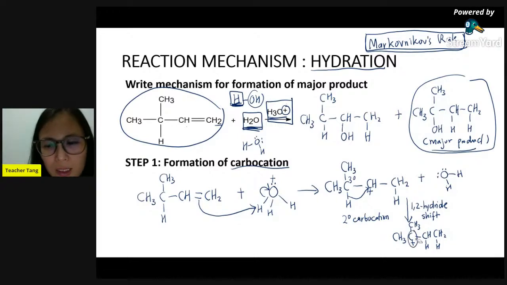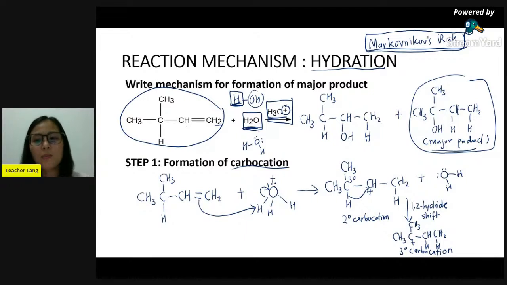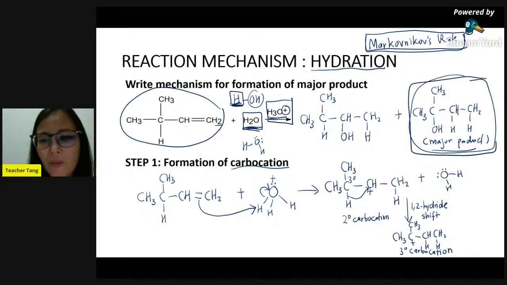So this is tertiary carbocation. This is tertiary carbocation, which is more stable. So major product mesti dari carbocation that is more stable.